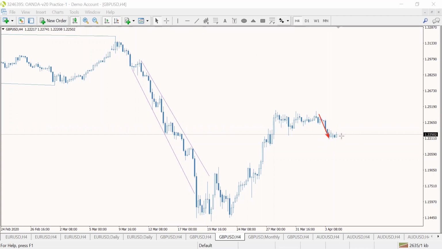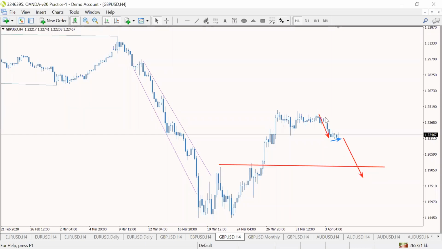Then this looks like correction. If it's correction, that means we are expecting a move lower to these lows, to those lows.